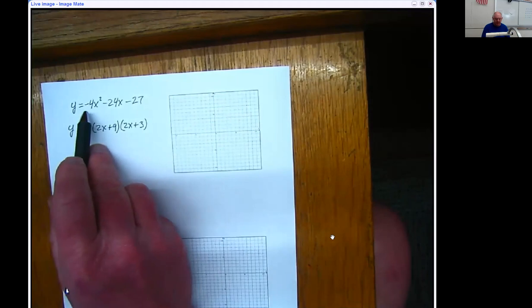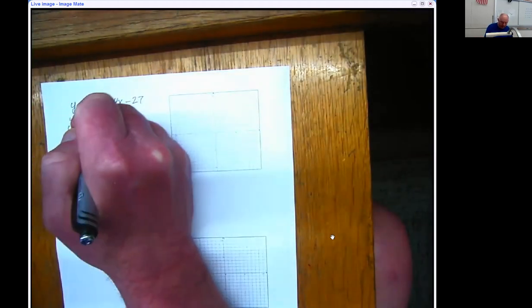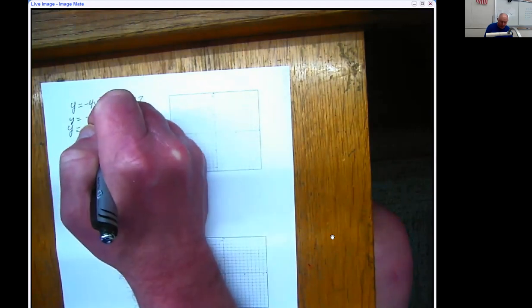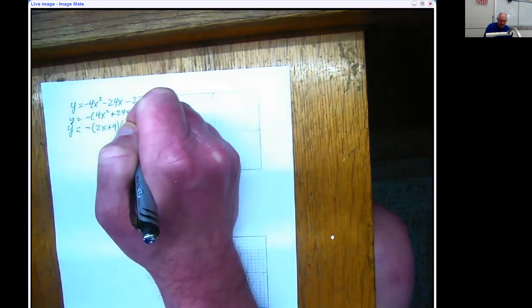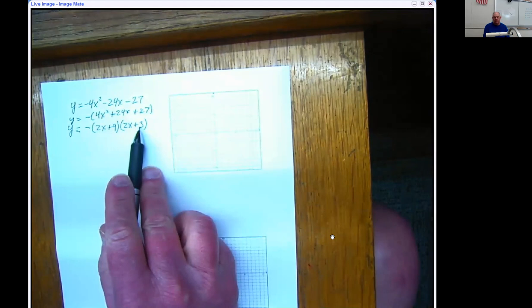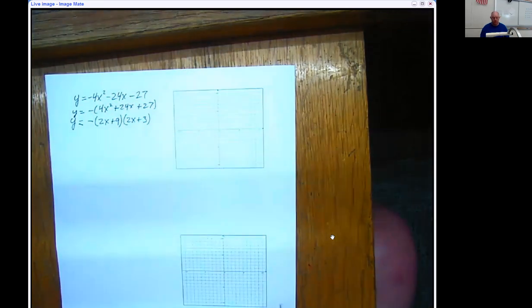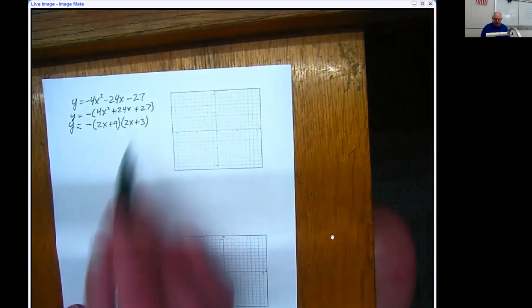So I would pull this negative out, and then I would have ended up with y equals negative 4x squared plus 24x plus 27. And then when I factor this, it's advanced factoring again, so you could use the diamond and then the rectangle or the guess and check, like Mr. Penner showed you, and you come up with this.